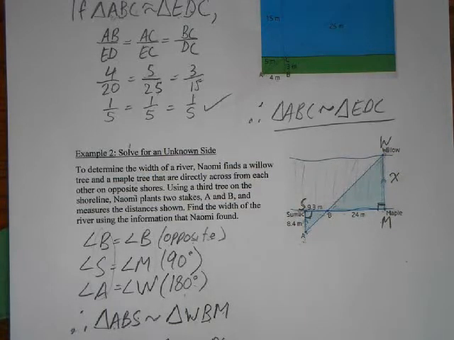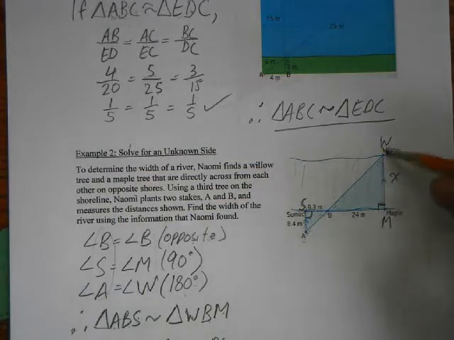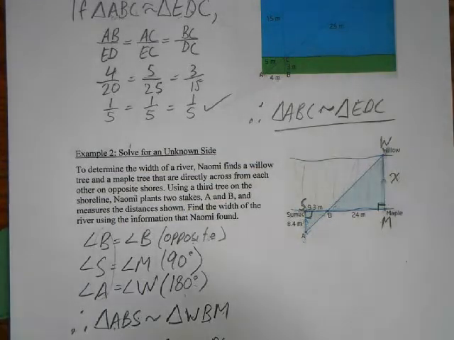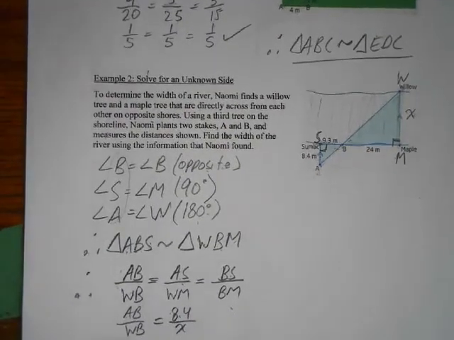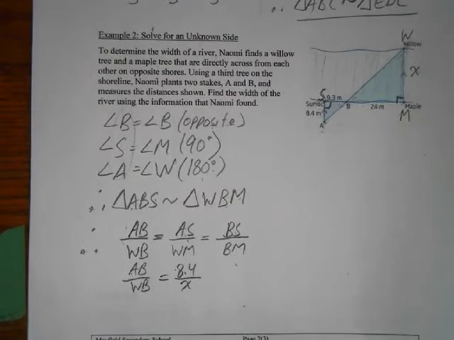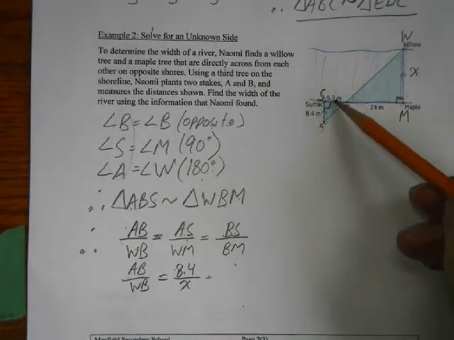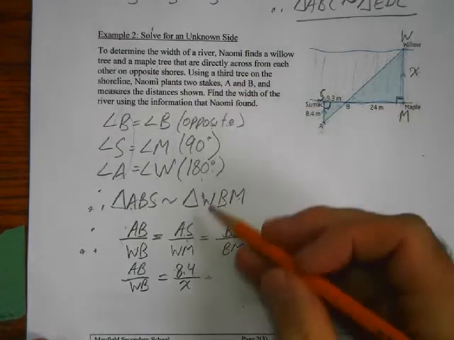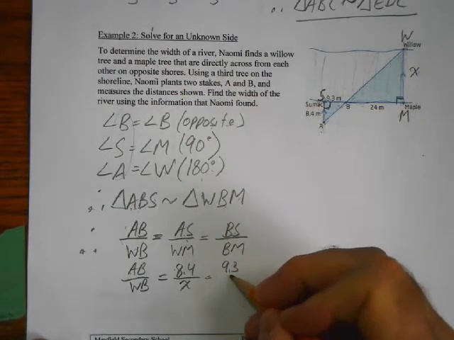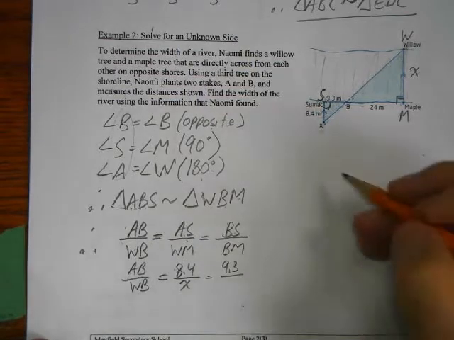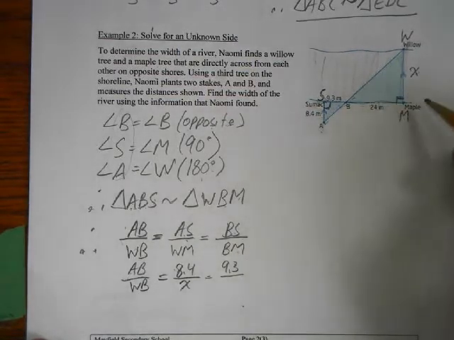AS, well, AS we do know. That's 8.4. WM, well, that happens to be the width of the river. So let's just call that X to indicate that's what we're trying to get. Okay, and then the third ratio, BS, we do have, and that's 9.3, and BM is 24.